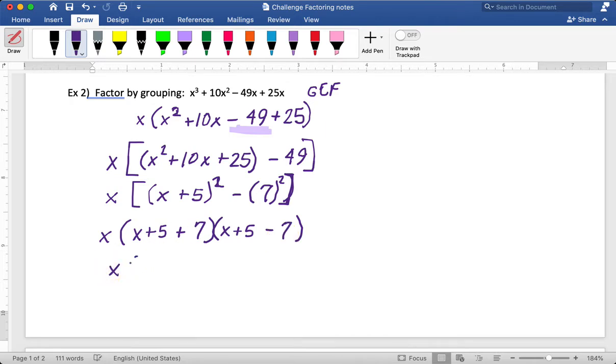Don't forget about your GCF. x plus 5 plus 7 is x plus 12. And x plus 5 minus 7 is, this is 5 subtract 7, is negative 2. And I'm finished because none of these have any other common factors.